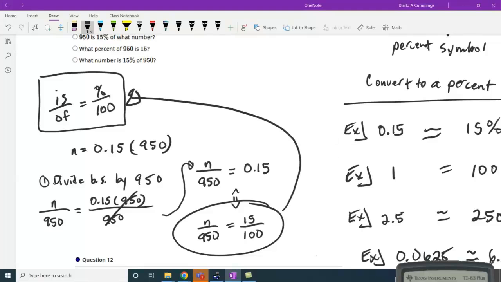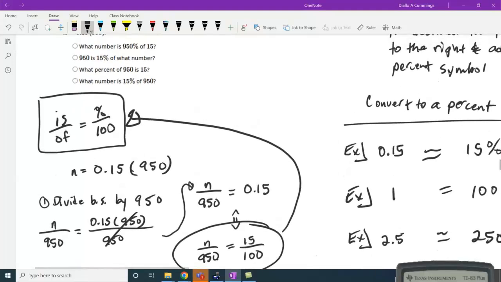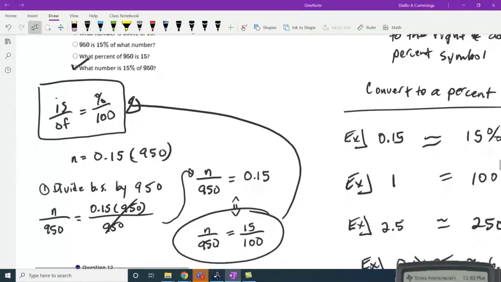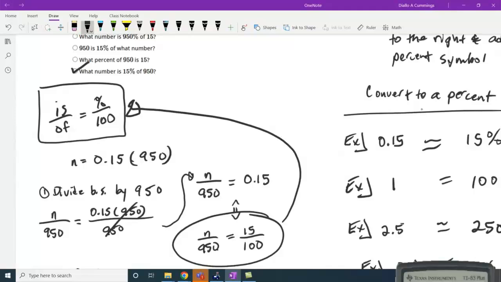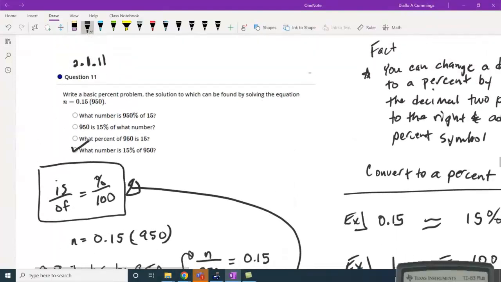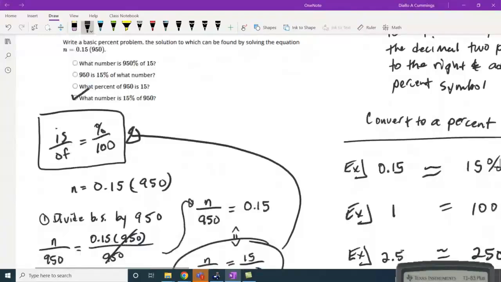So I believe this last one would fit this situation: what number is, because we don't know the is, 15% of 950. Remember, on the right-hand side we have 15% of 950. So when you're looking at problems 11, 12, and 13, you're going to have to divide.